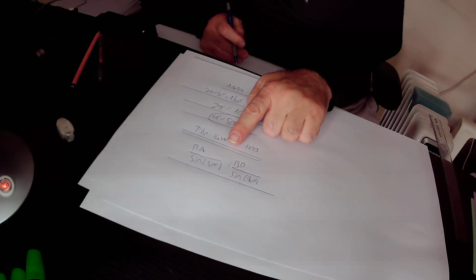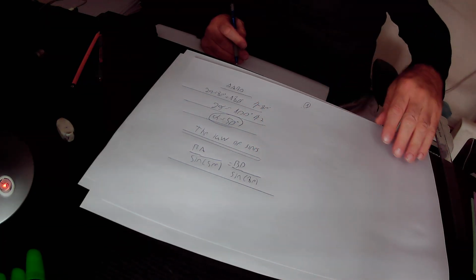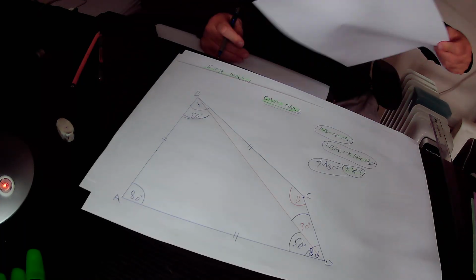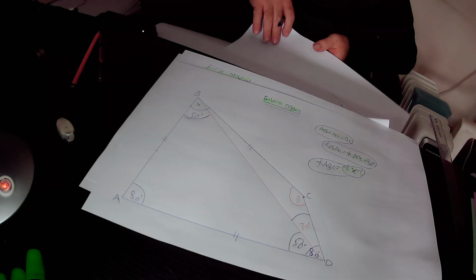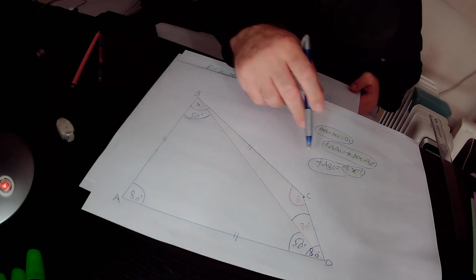BA over sine 50 degrees equals BD over sine 80 degrees. It is given in the question that AB equals AD equals BC.